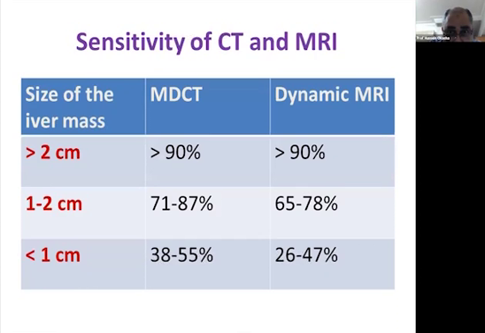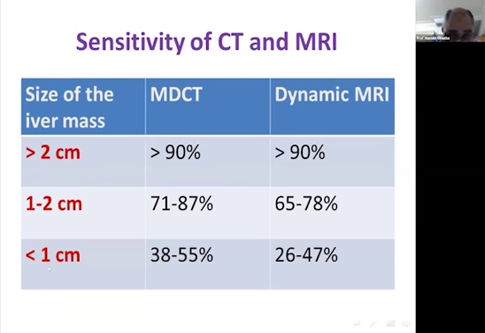So to summarize, the sensitivity of CT and MRI varies according to the size of the lesion. For lesions more than 2 centimeters, the accuracy of both techniques is very convenient, more than 90%. But in hepatic lesions between 1 and 2 centimeters, the range of sensitivity is 71 to 87% for CT and 65 to 78% for dynamic MRI.